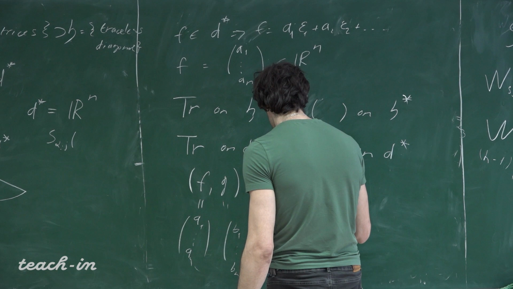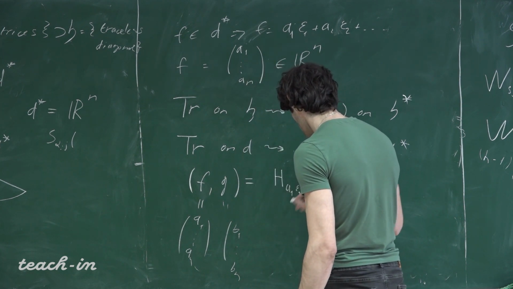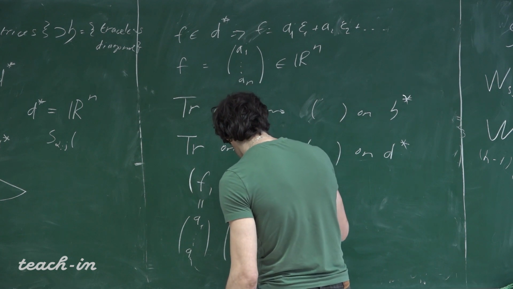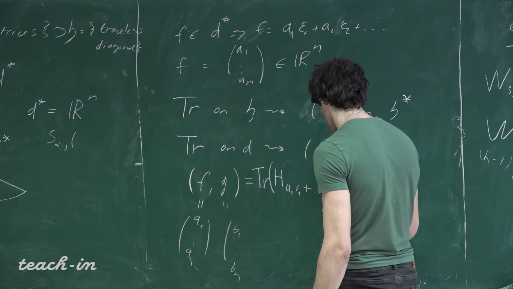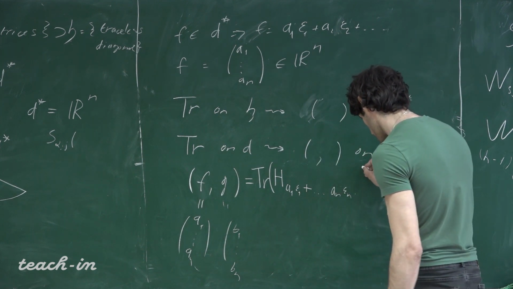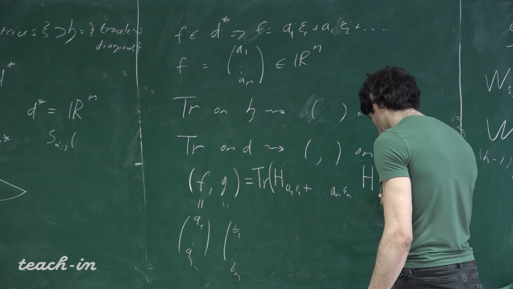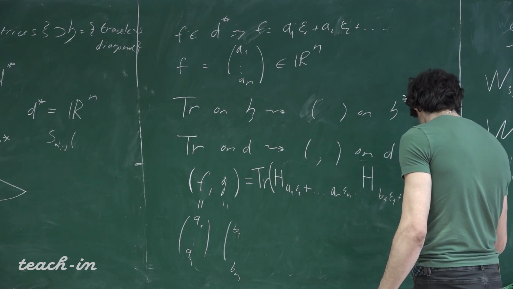I need to compute the trace of a1 epsilon_1 plus and so on plus an epsilon_n times b1 epsilon_1 plus and so on bn epsilon_n.